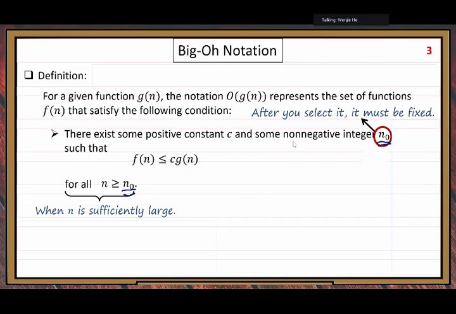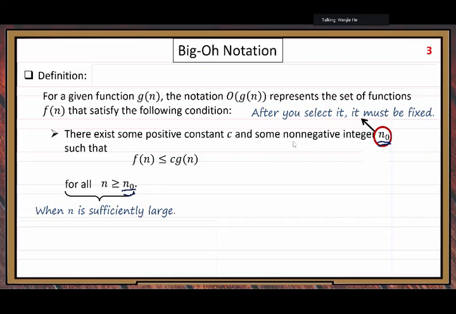I want to mention this wording here because some of you may wonder what sufficiently large means. In quiz number 2, I use that same wording, so use a similar understanding here.